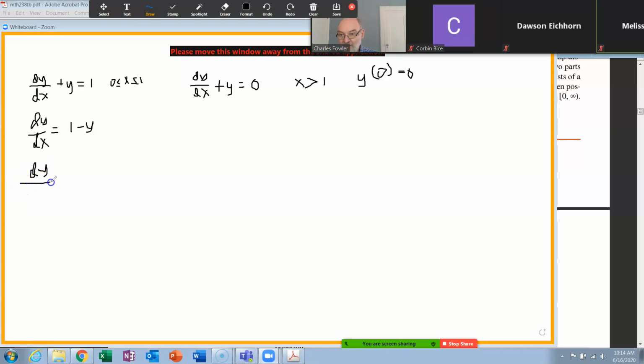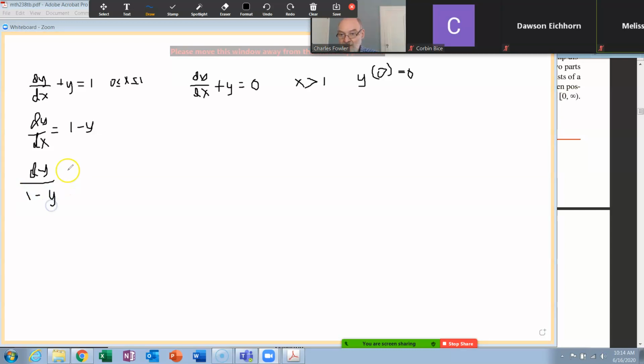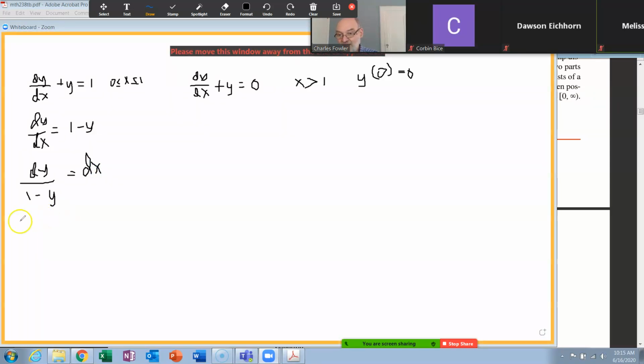I'm getting all the y's on one side. I wrote it in differential form and moved my 1 over y under my y. Integrate both sides of that, and you get log of 1 minus y. Yes, you should say absolute value of 1 minus y.